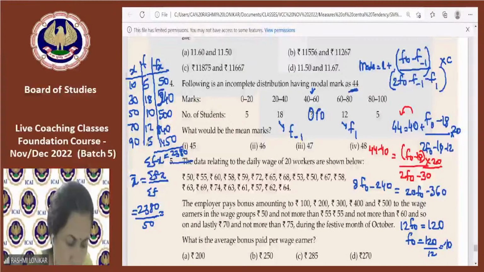So 540 plus 50 plus 500 plus 840 plus 450 is 2380 divided by 50, which is 47.6. So the mean marks is 47.6.